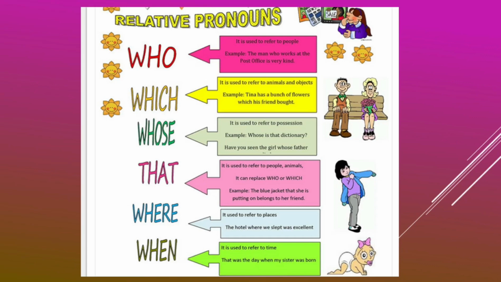The last relative pronoun we have over here is when. When is used to refer to time. For example, that was the day when my sister was born. When my sister was born, that day.